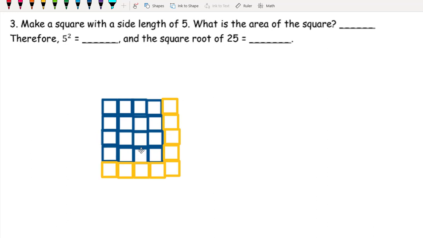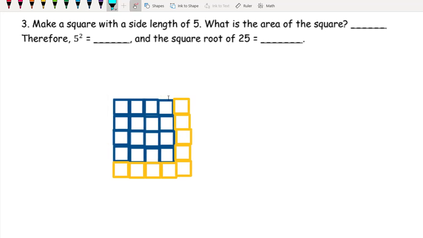All right, so then the third question says make a square with a side length of 25. So here I've got a square. 1, 2, 3, 4, 5. It's got a side length of 5. And if you look, all the sides all the way around have a length of 5. So then what's the area of that square?